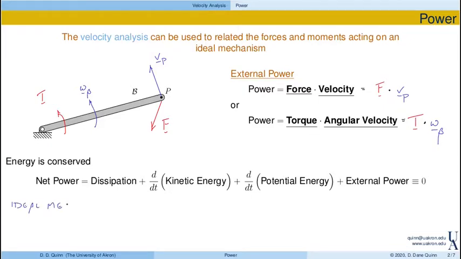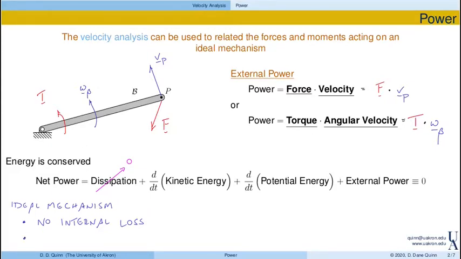what that means is that we are able to eliminate a couple of these, well, three of them really. So in particular, there's no internal losses, or no dissipation. So here, this term would go to zero. Again, because we assume for an ideal mechanism that there are no losses.